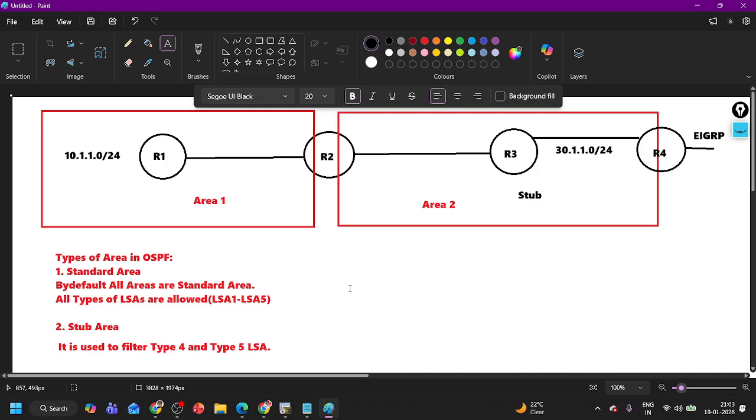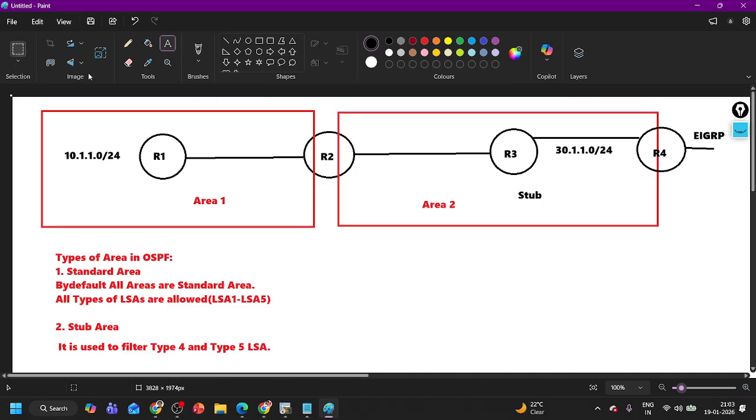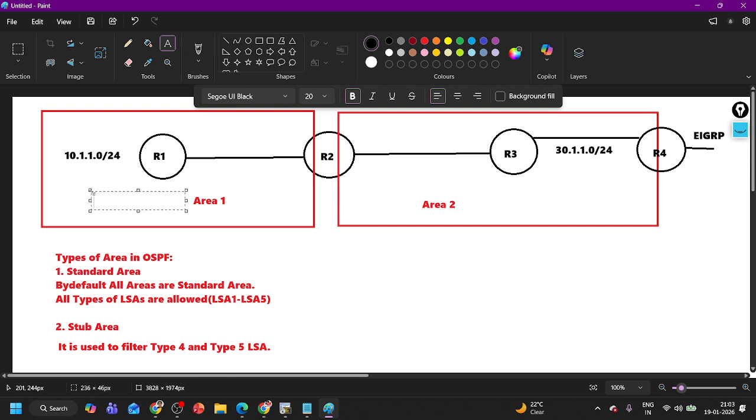That is the issue. Now how will area 2 learn external prefixes? Or let's say not area 2, but area 1 is my stub area. Here I want to filter the database, so I have configured area 1 as stub. Router 4 will generate LSA 5 to advertise all EIGRP routes into OSPF.